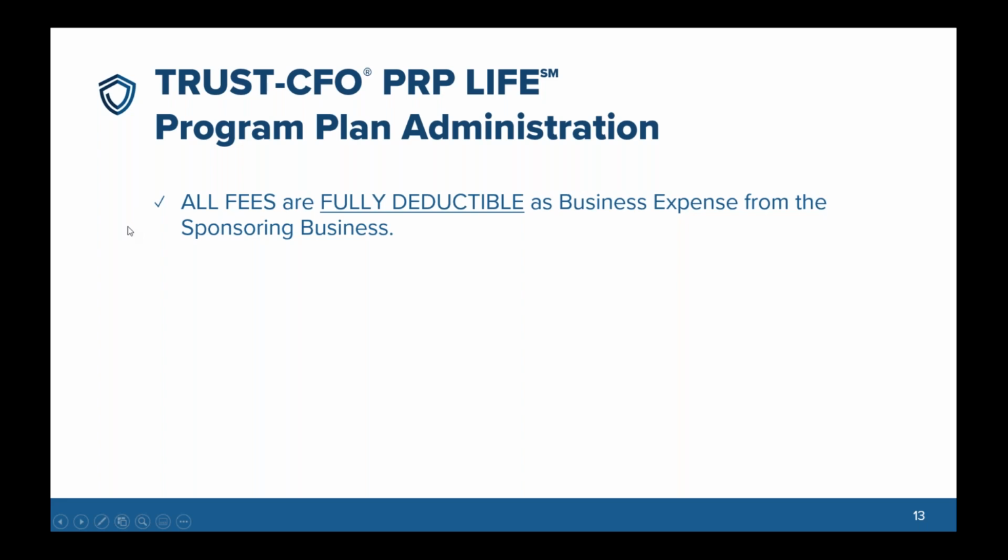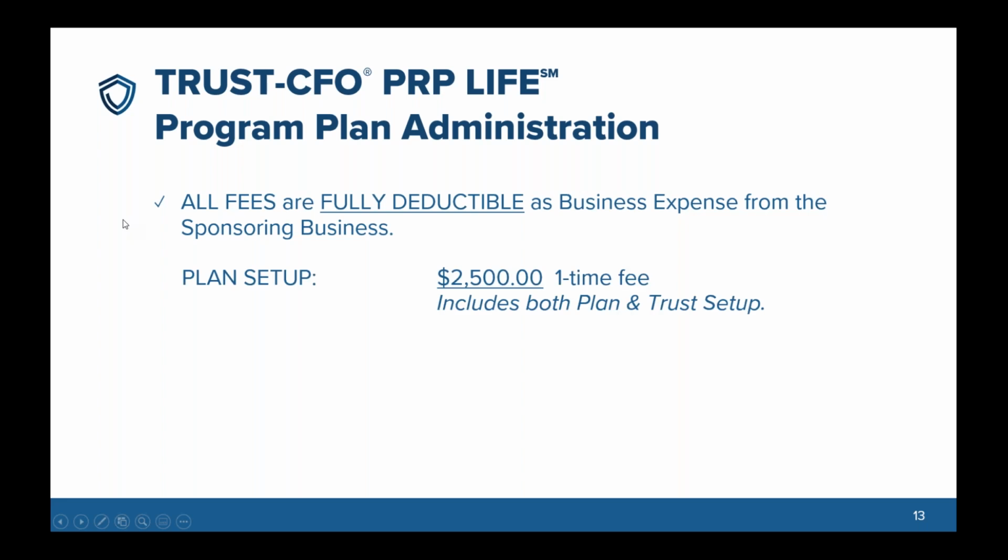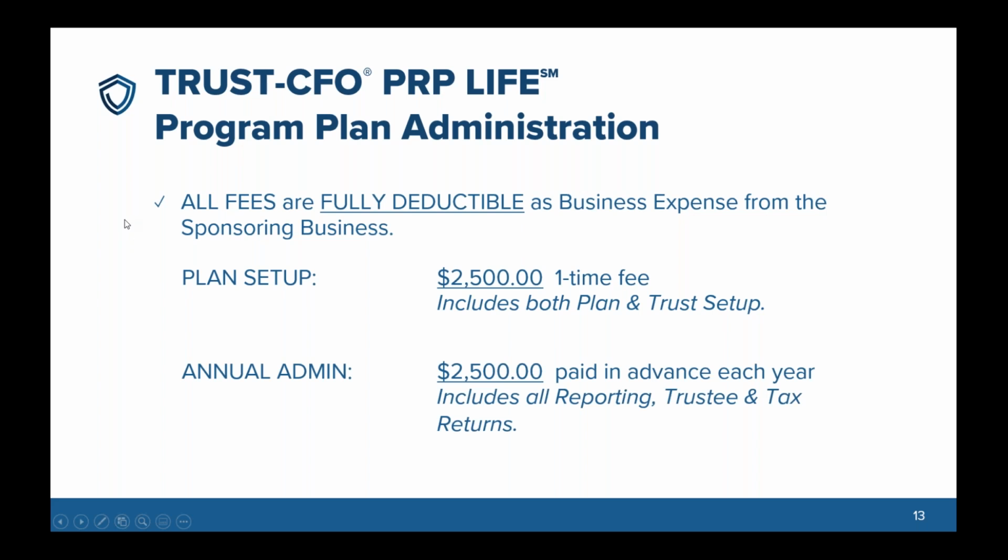Reminding you in advance that all the fees are fully deductible, so you need to look at it from a net cost standpoint. So our charge for the PRP Life program, if it's just life insurance or cash, is a $2,500 one-time setup. That includes all the fees for the plan and trust setup. It's a simplified version because it's not dealing with complex assets. And annually, we're charging $2,500 to administrate that in totality.